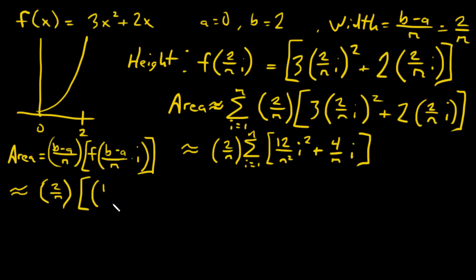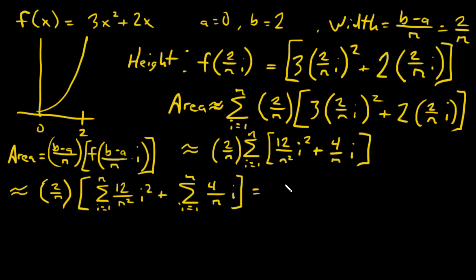You know what, I'm going to do 2 steps so that it doesn't confuse anyone. I'm going to break it into 2 summations: i from 1 to n of 12 over n squared i squared, plus summation i from 1 to n of 4 over n times i.